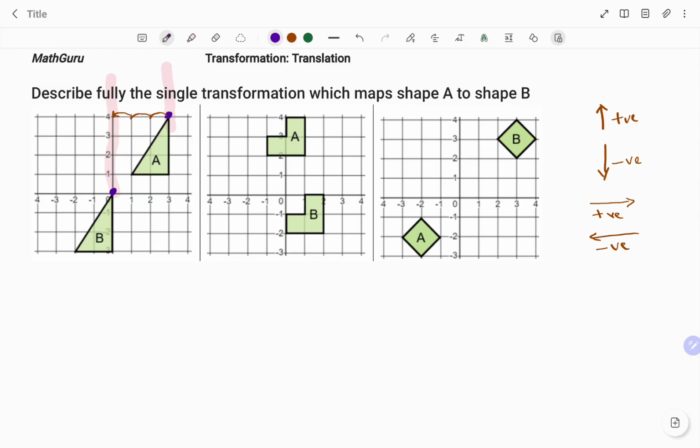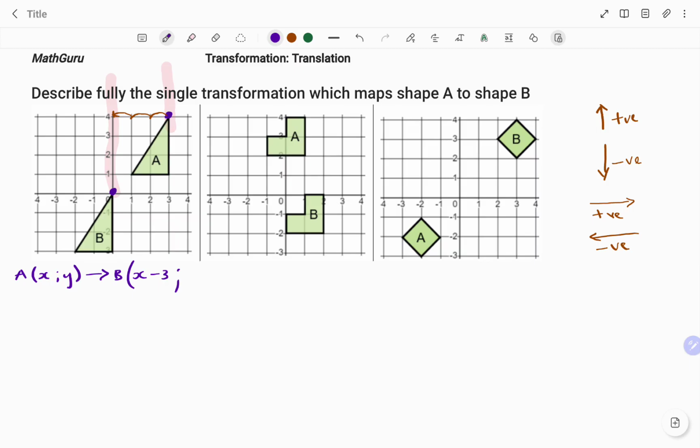I'm going to write that as A, the coordinates x, y, has moved to B, and because my x values are being shifted to the left, that's in a negative direction, so that will be x, and the number of units is 3, so that's x minus 3.